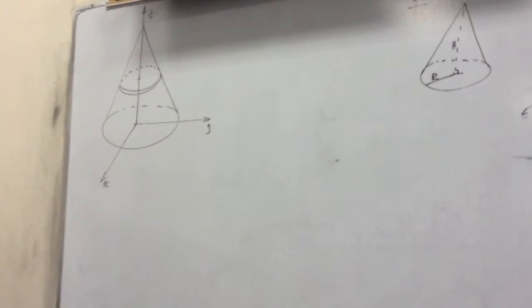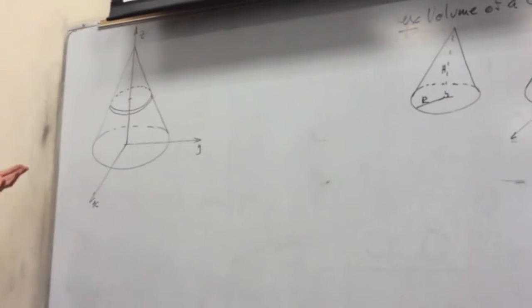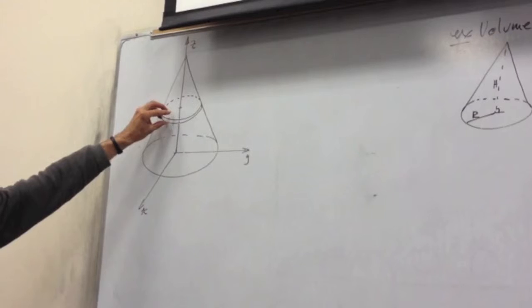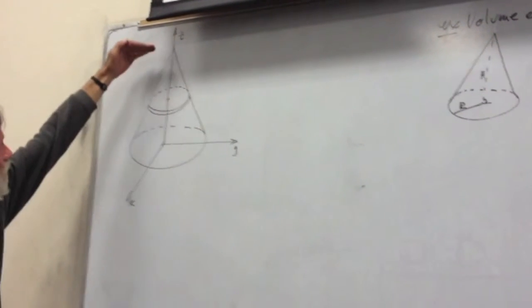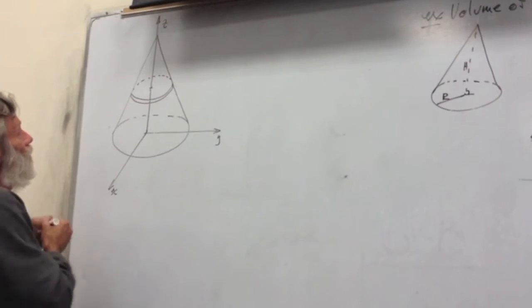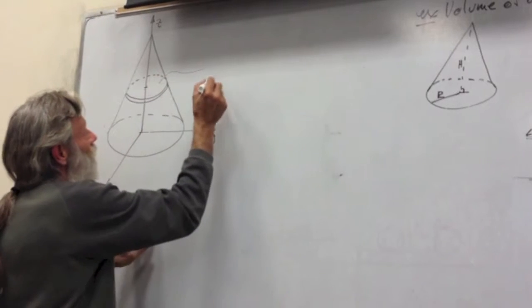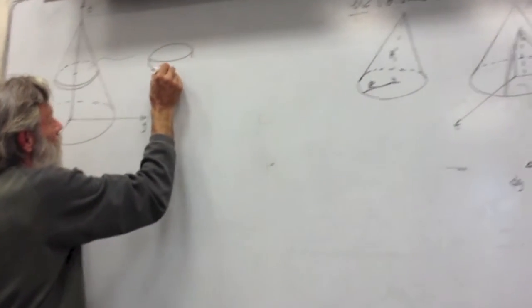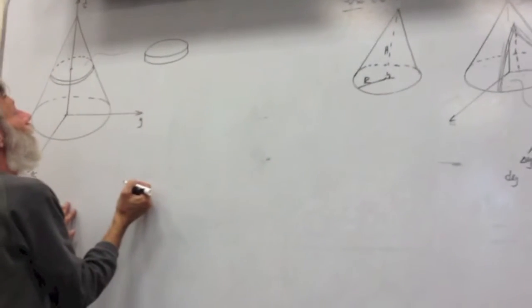Well, what are we trying to do? We're trying to set up a way to add up a whole bunch of little volumes based on this object that fill from here to here. So if I examine this thing, what's the basic volume of this?